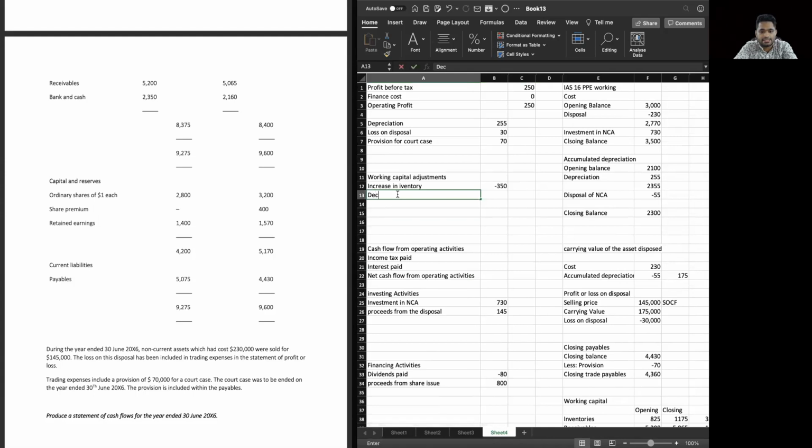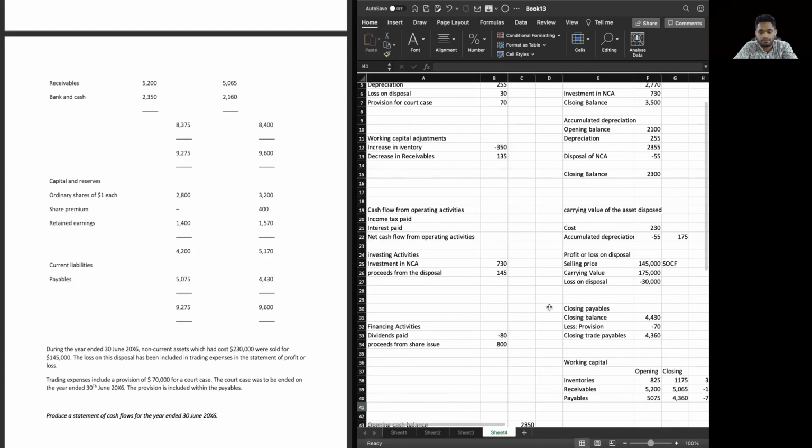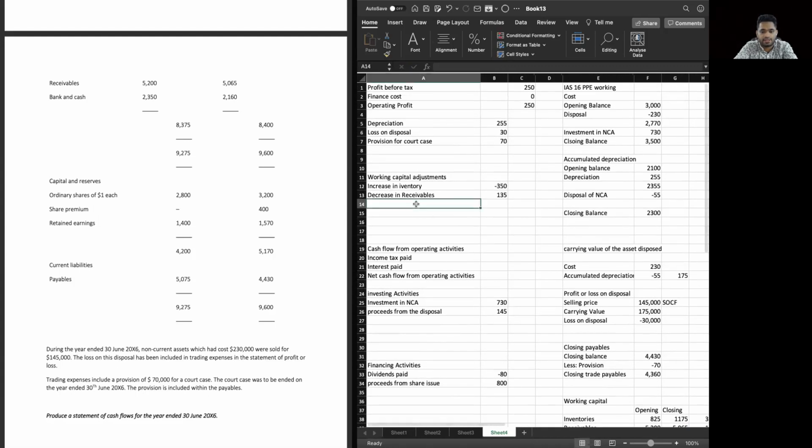So decrease in receivables, 135, a cash inflow. And when you look at your payables, they have decreased. That means you have paid more to your payables. So that would be treated as a cash outflow. So there's a cash outflow of 715.